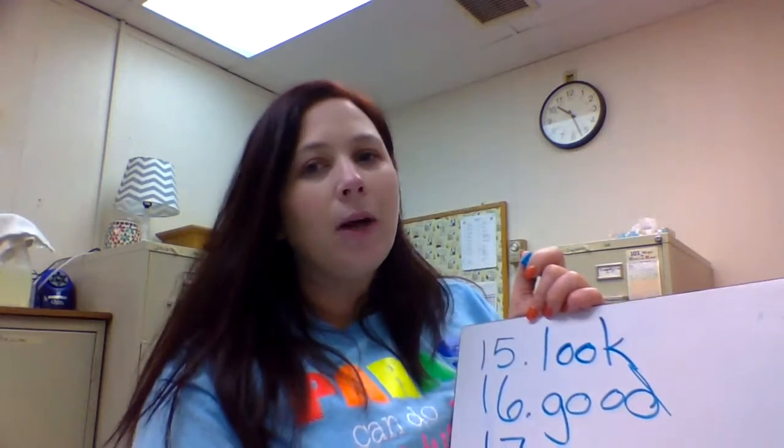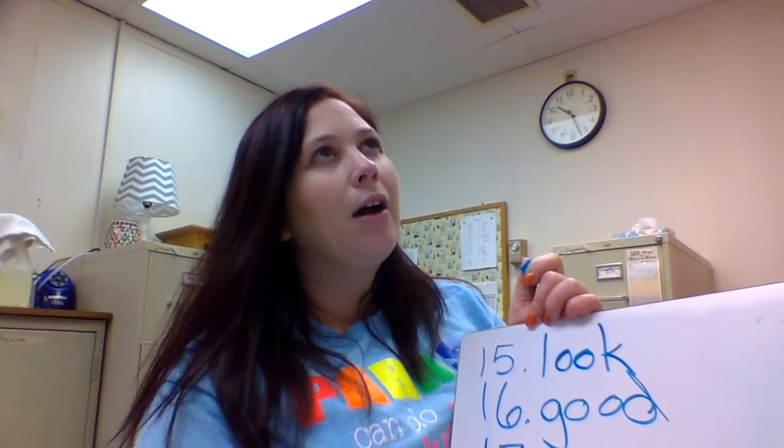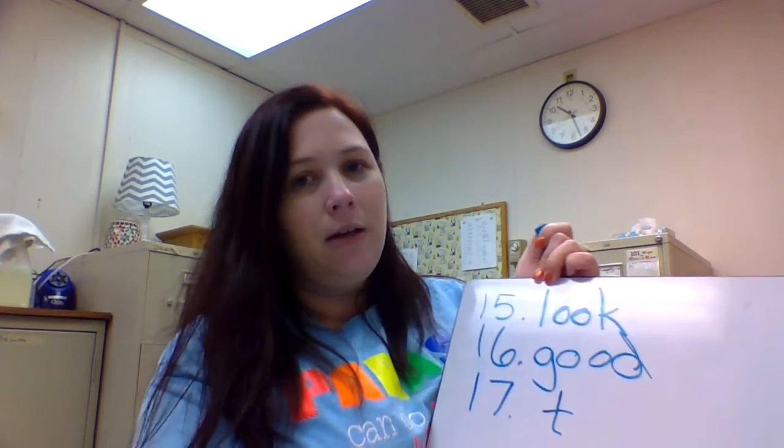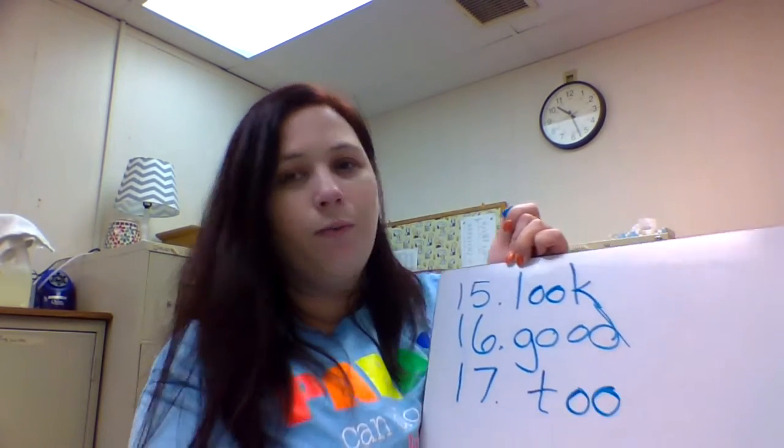This time I want you to write the too like when we're talking about how I have too much candy or I have too much homework. It means more, a lot. And we're talking about the O-O sound, so think about that when you're writing out your too. It's going to be T-O-O. Alrighty.